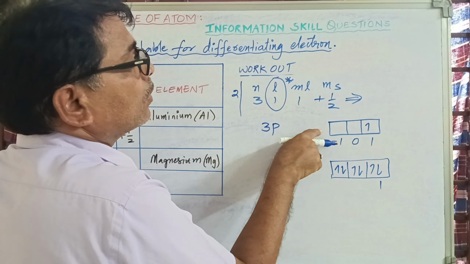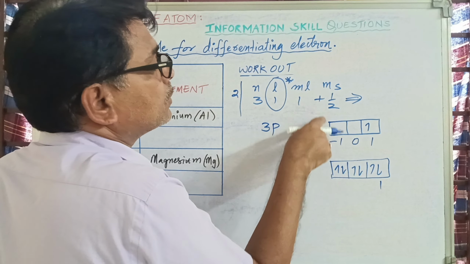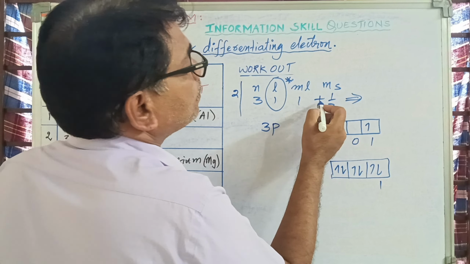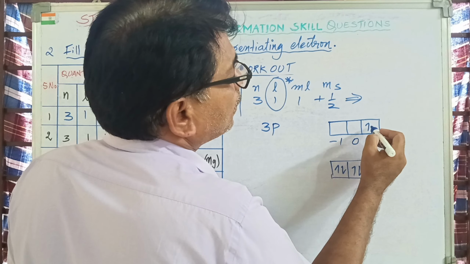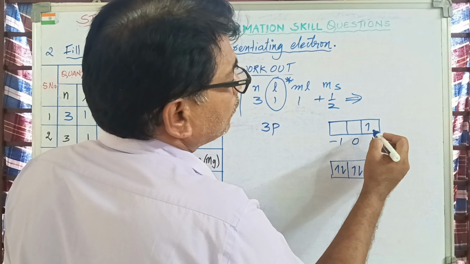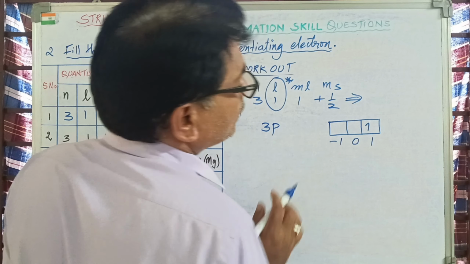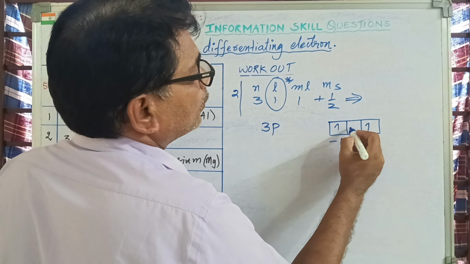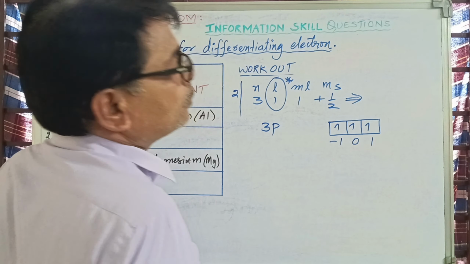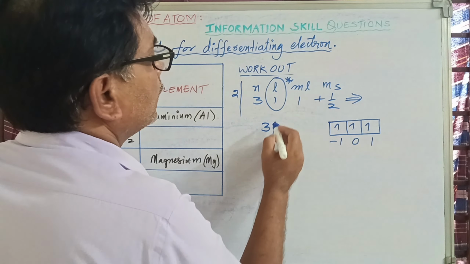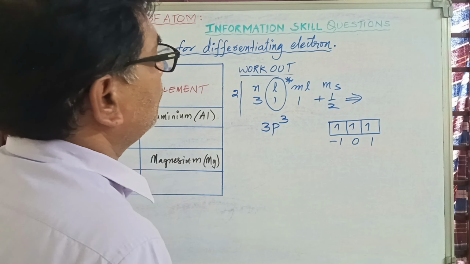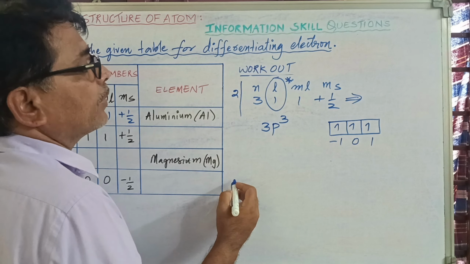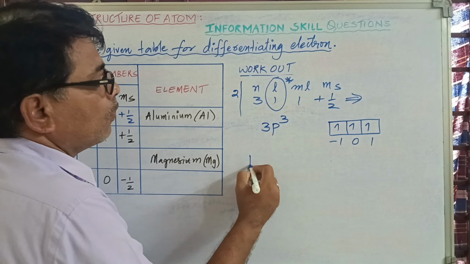It is plus half, and plus half in this case means clockwise. So this doesn't exist. You don't go directly to this electron, therefore you are going to fill the first 2 also. Therefore it is 3p3.